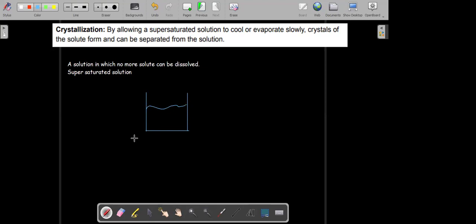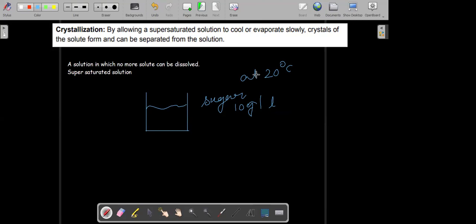Here we take water, and we are generally discussing sugar here. Suppose the solubility of sugar is 10 gram per liter at 20 degrees centigrade. This may not be the true value, we are just assuming it.